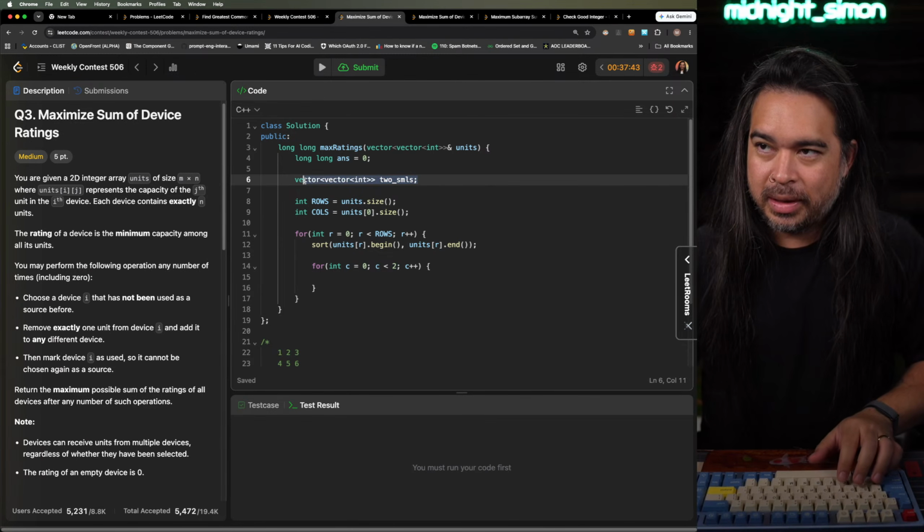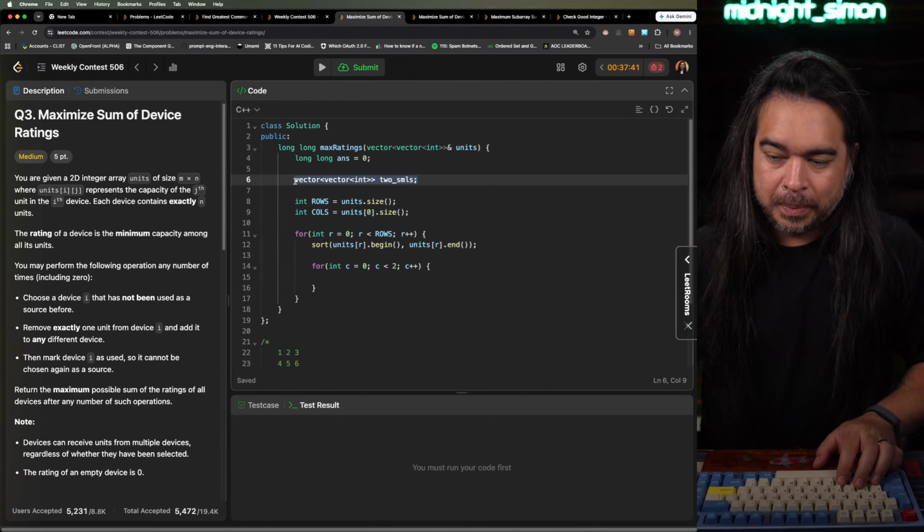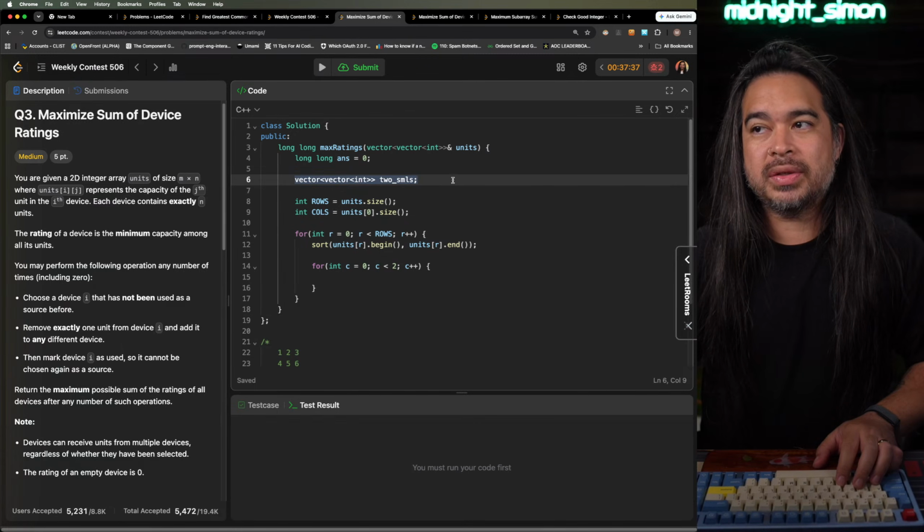I put them like two smalls there. Do I just put the smallest numbers?